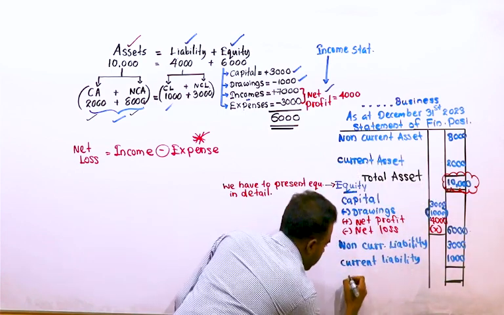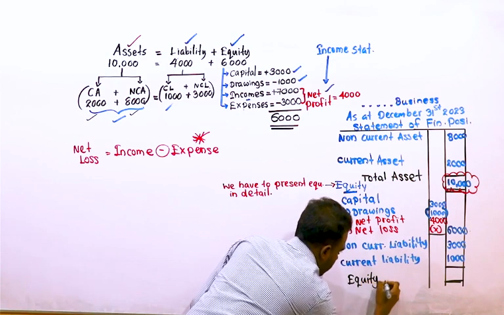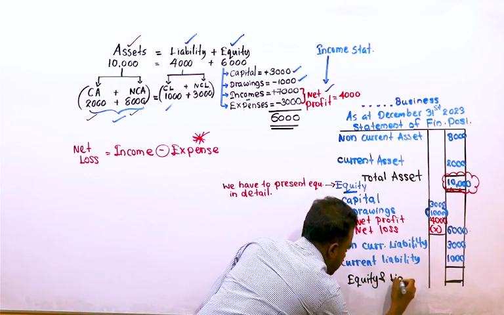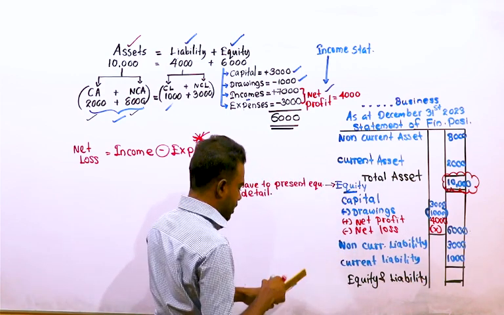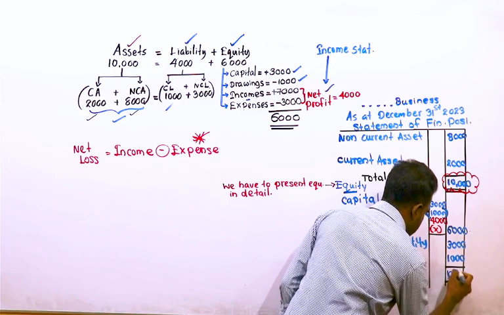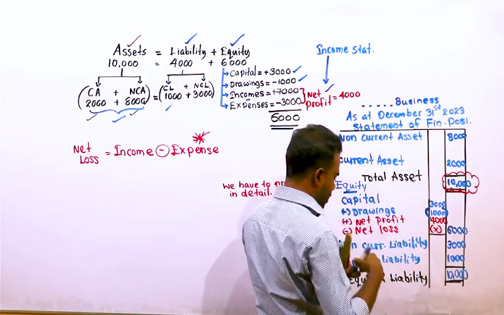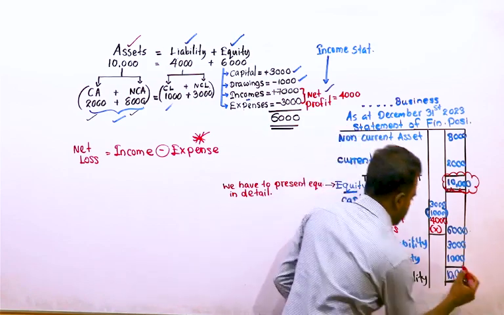You have to write down equity and liability. Equity and liability, that one also will be 10,000. Should be equal. Understand? Should be equal.